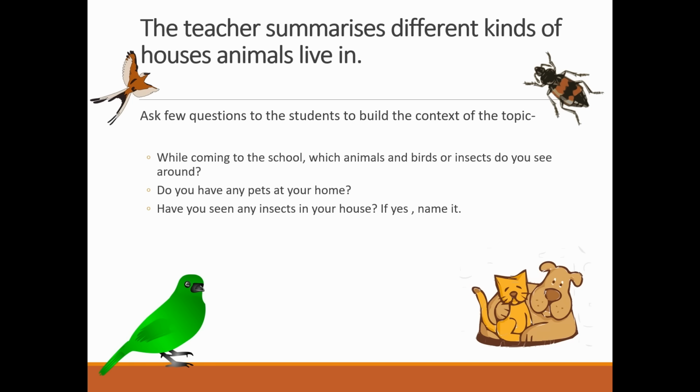Another question. Do you have any pet at your home? Teachers, we have to wait for the students' answer. Another question here. Have you seen any insects in your house? If yes, name it. Like this, we have to pose some questions to the students.